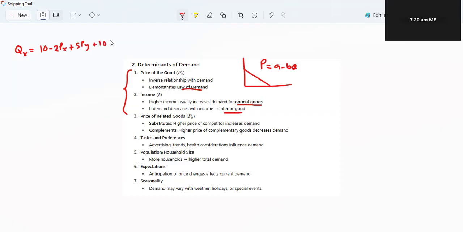So this is a demand equation that has three things. It has income, it has the price of a competing good Y, and the price of the good we're dealing with now, X. So this can tell us a number of things.